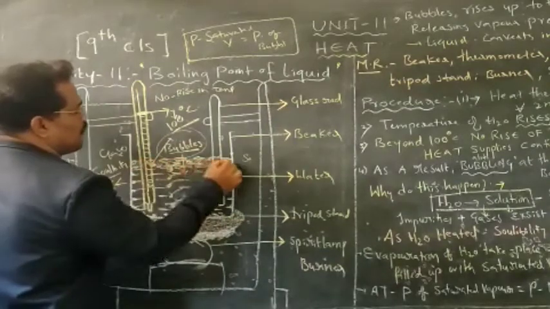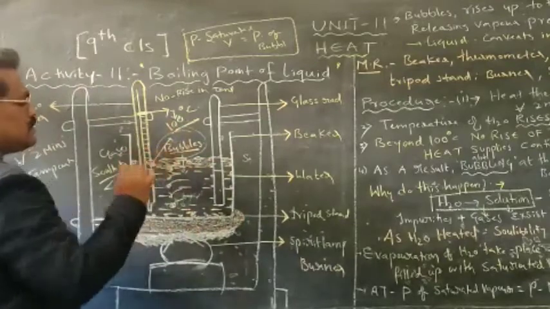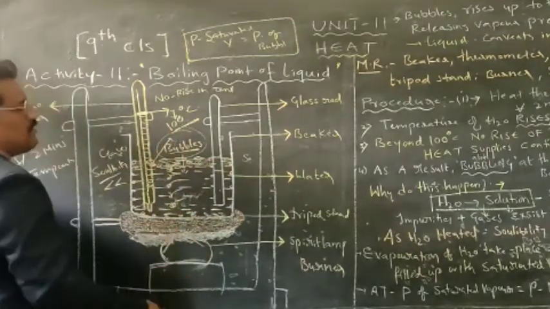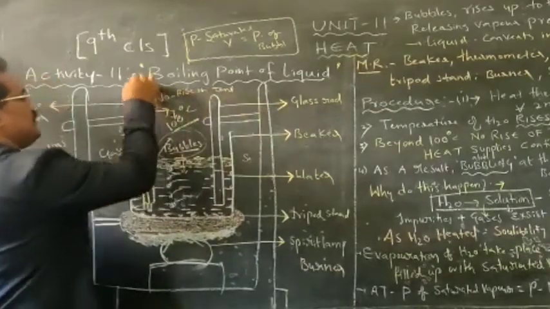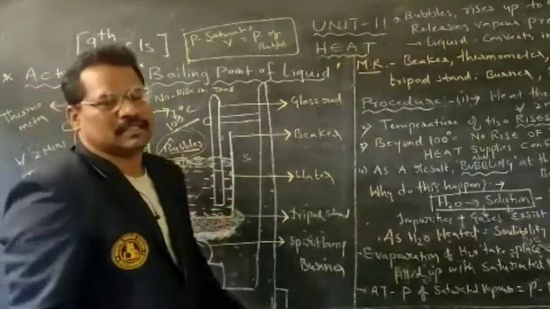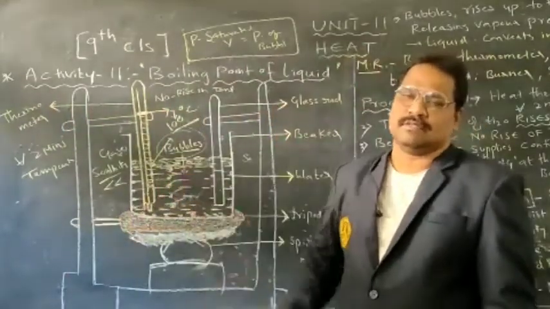Fill it up to three-fourths with water. Place a spirit lamp burner at the bottom of it, fix a glass rod as well as a thermometer in the liquid, and start heating. This is the description of this particular process.